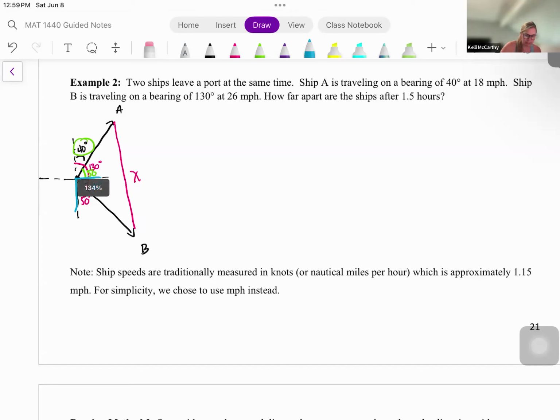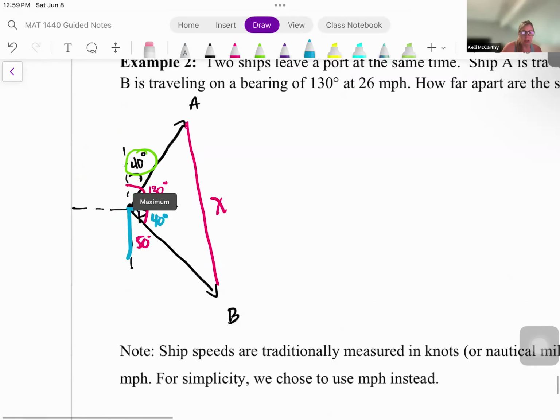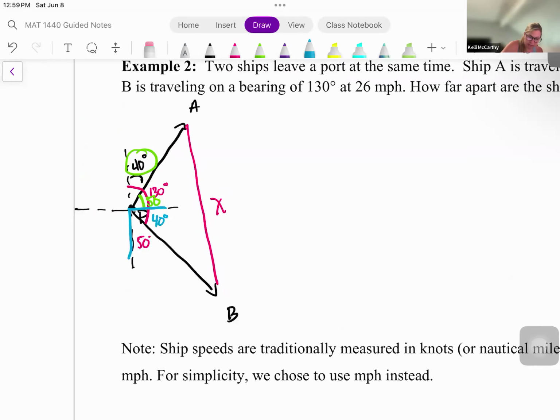Now it's a little hard to see, but what we have just determined is that the angle formed by these two ships is a right angle because that top was 50 degrees and the bottom was 40 degrees.